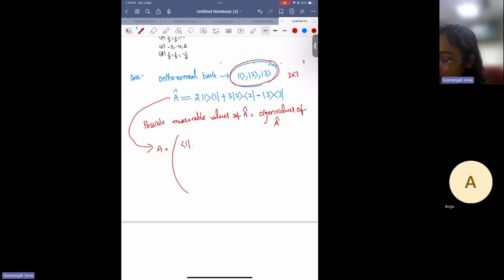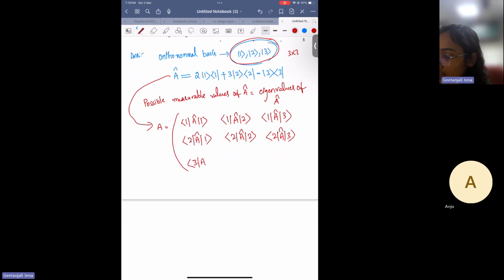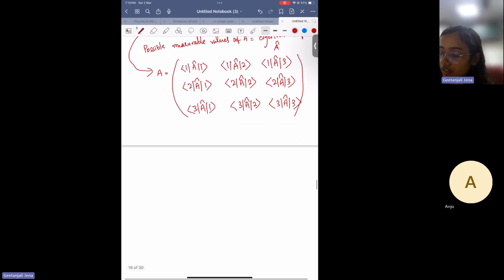This is nothing but <1|A|1>, <1|A|2>, <1|A|3>. Similarly, <2|A|1>, <2|A|2>, and <2|A|3>. The last row is <3|A|1>, <3|A|2>, and <3|A|3>. This is how you can find the matrix.